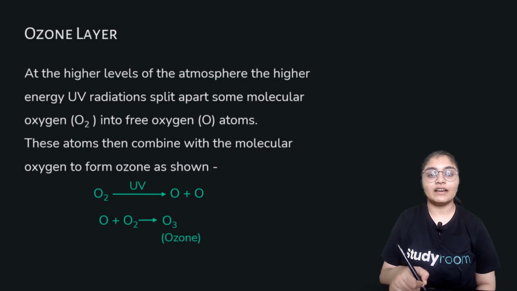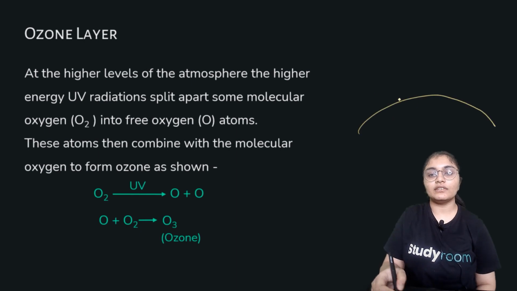At the higher levels of the atmosphere, the higher energy UV radiation splits apart some molecular oxygen, that is O2, into free oxygen atoms, and these atoms then combine with molecular oxygen to form ozone, as shown.